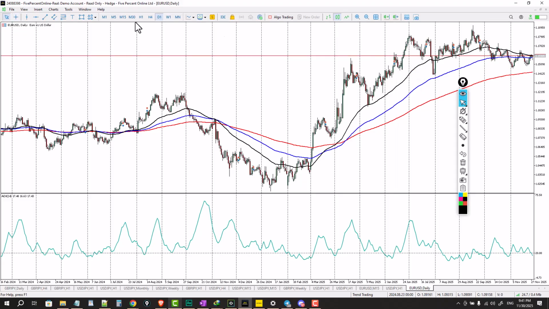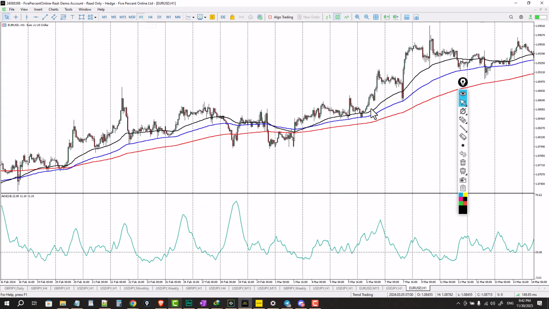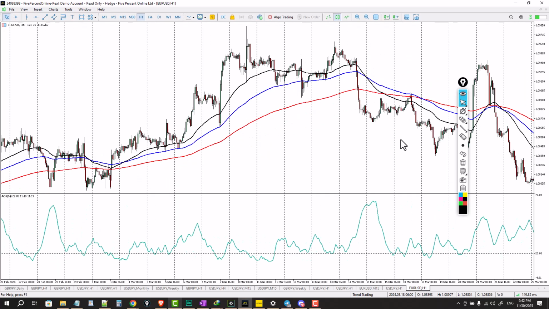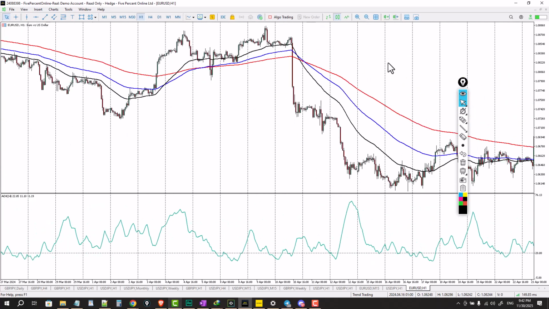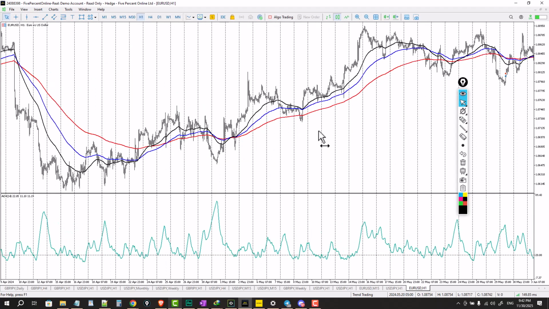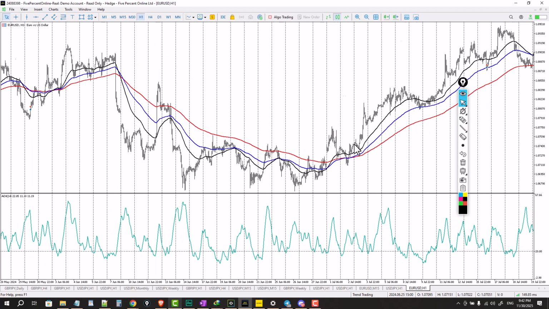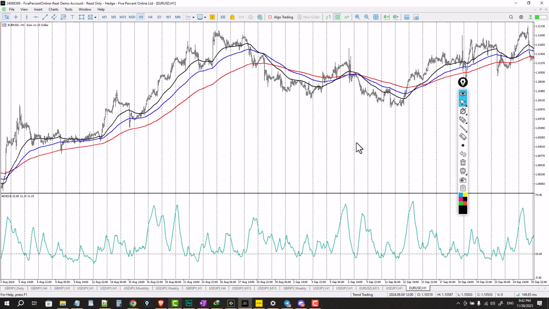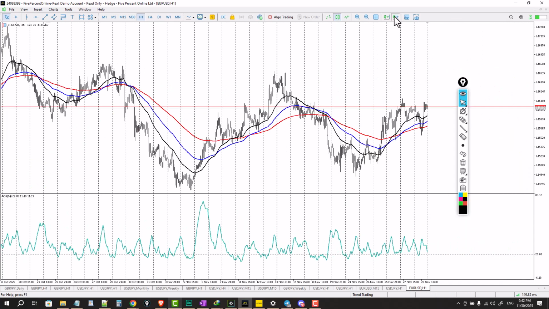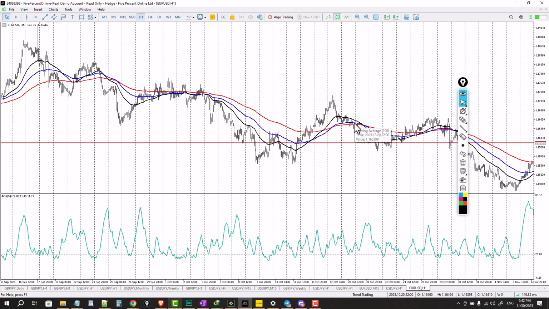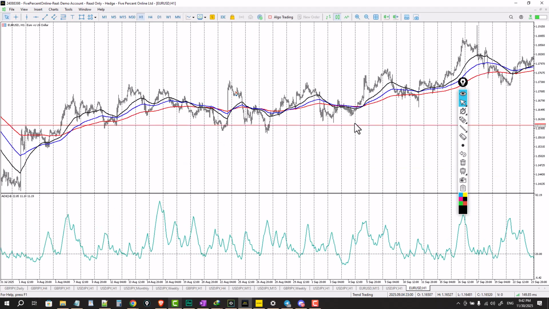And anything from this moment in time, anything from here where price crossed above the 20 level of the ADX on the daily time frame, anything from here on the lower time frames, when we identify a long trade setup, we would be interested in taking that long trade setup. So let me quickly show you how this would have panned out for a couple of examples, okay? So where's the horizontal line we just added? The red horizontal line.